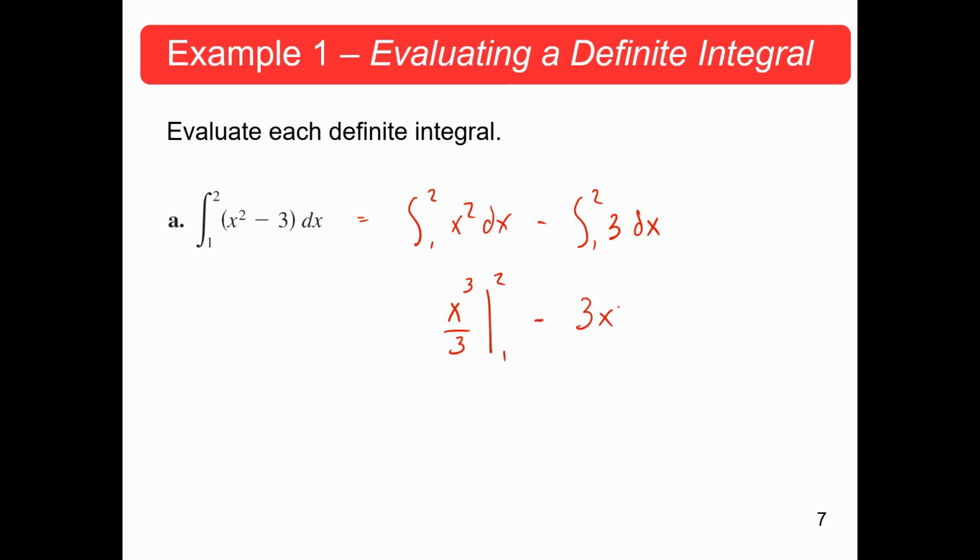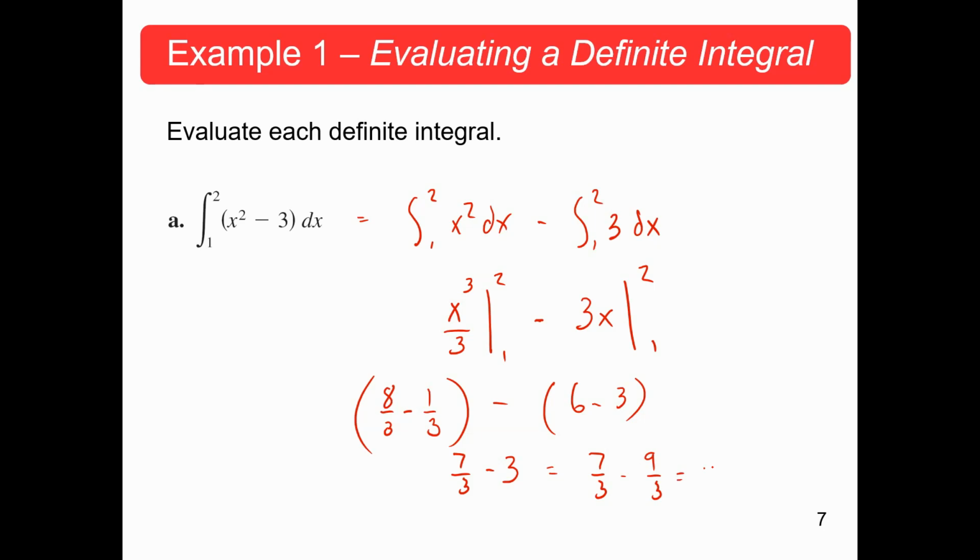We've got 3x evaluated from 1 to 2. So we're going to plug the 2 in, we get 8/3, minus, plug the 1 in, we get 1/3. All right, minus, over here, we're going to plug the 2 in, we get 6, minus, plug the 1 in, we get 3. So we've got 8/3 minus 1/3 is 7/3, minus 3, which is 7/3 minus 9/3, or negative 2/3.